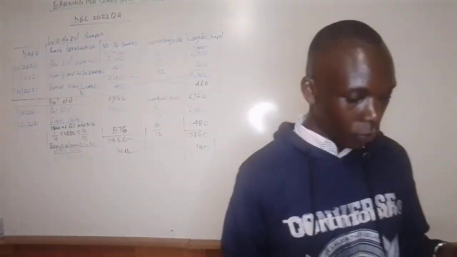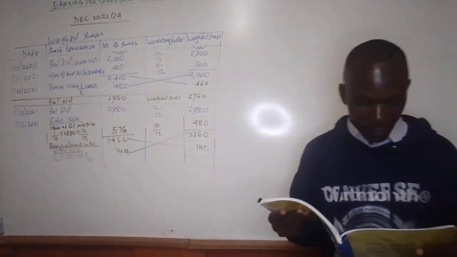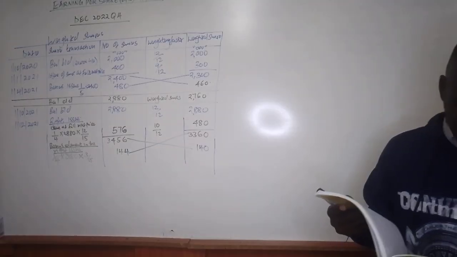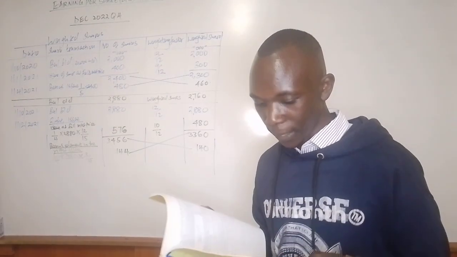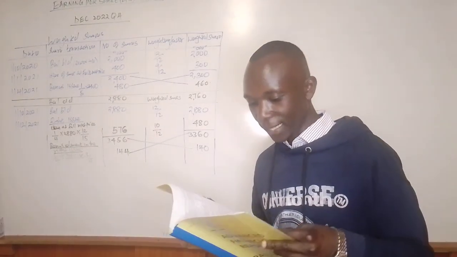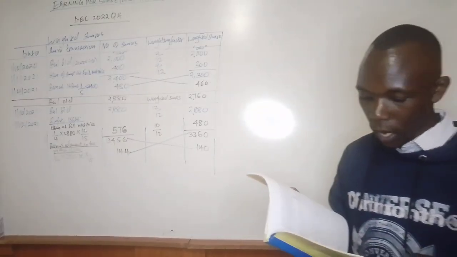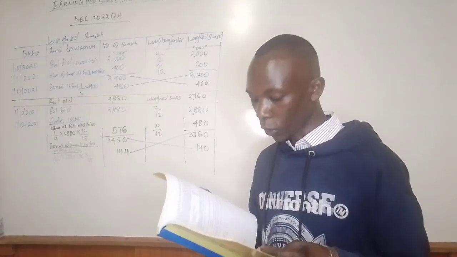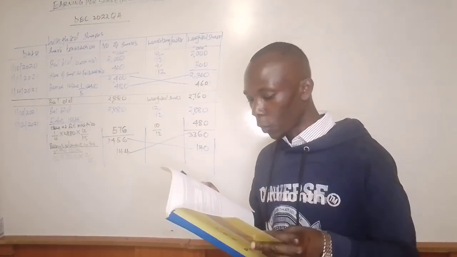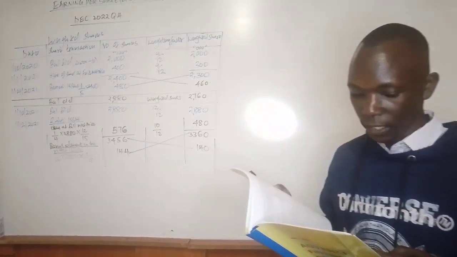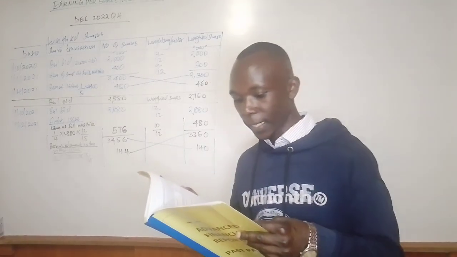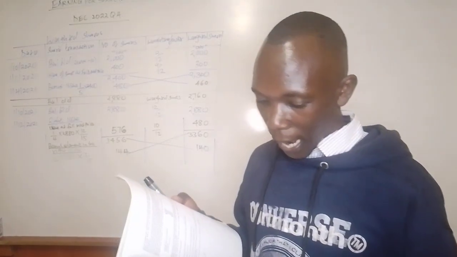We are done with note number 3. Then we are at note number 4. In note number 4, we are told that the company has in issue a convertible loan stock of shillings 6 million, which carries an effective interest rate of 8% per annum.